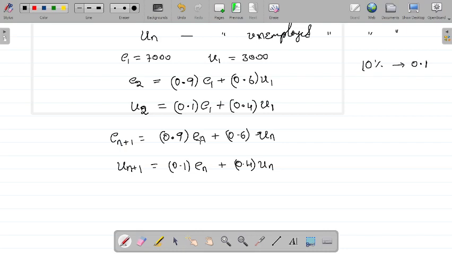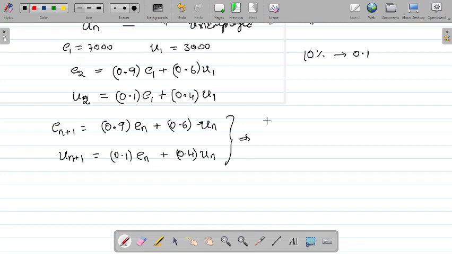Now we can see it in terms of a matrix. This entire thing can be expressed as [En plus 1, Un plus 1] equal to the matrix [0.9, 0.6; 0.1, 0.4] multiplied with [En, Un].